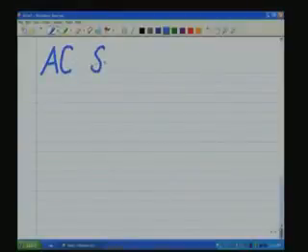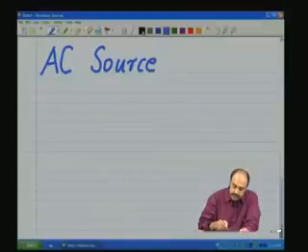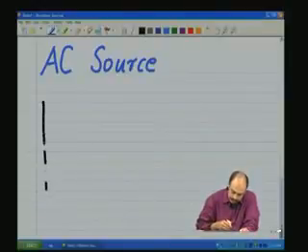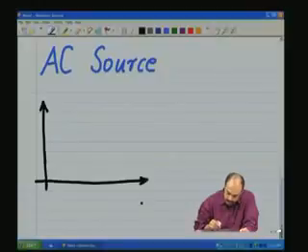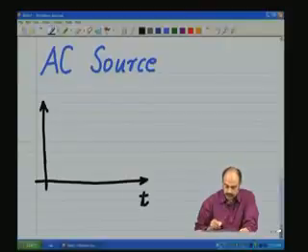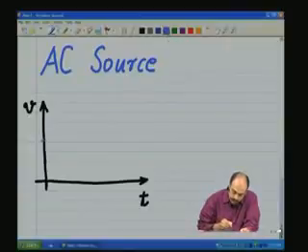The AC source, or the alternating current source. In the case of a DC source, if we look at the waveform of, let us say, a voltage source with respect to time t, you will see that it is a constant.